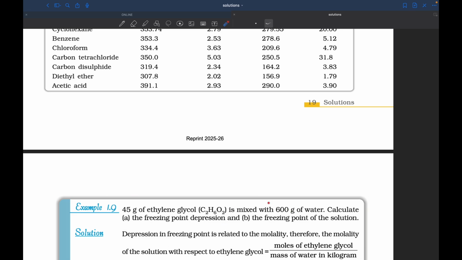So first of all, you have to calculate the molality. Molality equals W2, that is 45 grams, divided by the molar mass of ethylene glycol. How much does it come to?